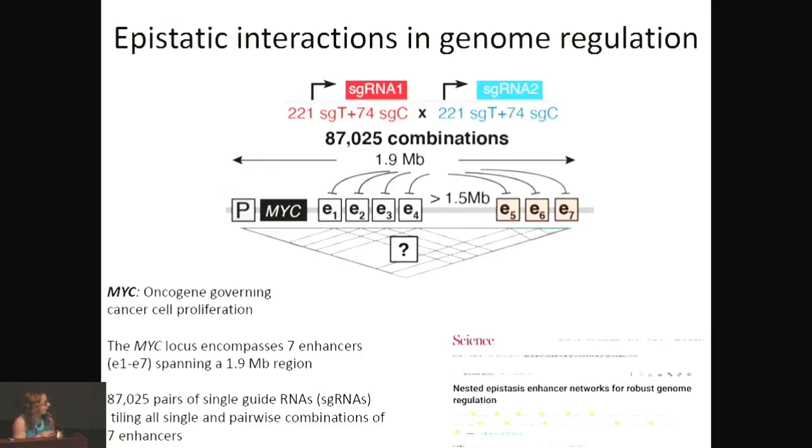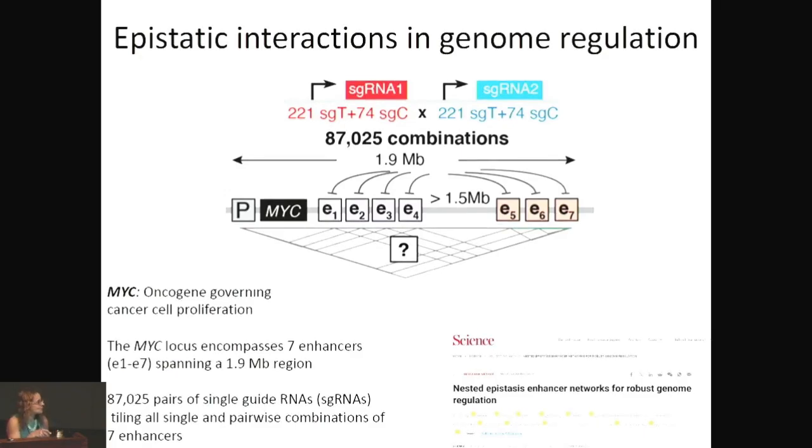They looked at, in K562 cells, this MYC gene, which is a key oncogene governing cell proliferation. The activity of this gene is regulated by 4 enhancers immediately downstream of the gene, and another 3 enhancers that are almost 2 megabases away.